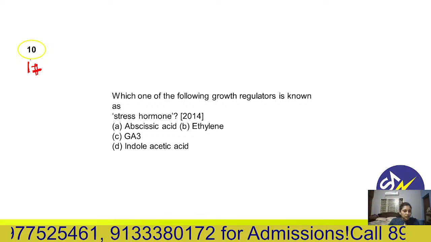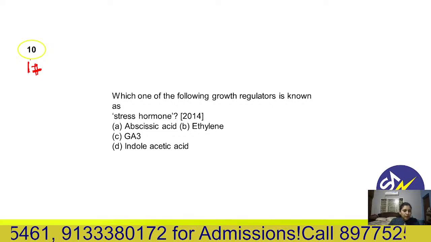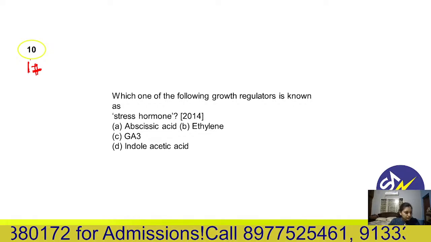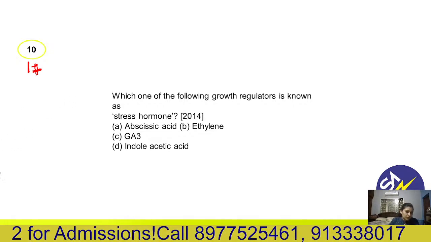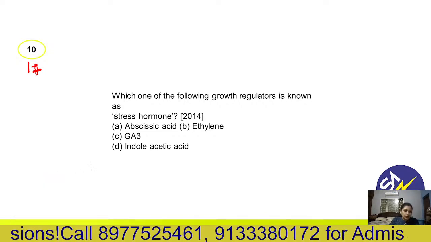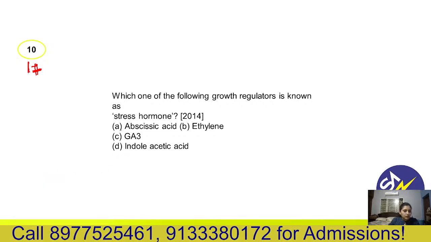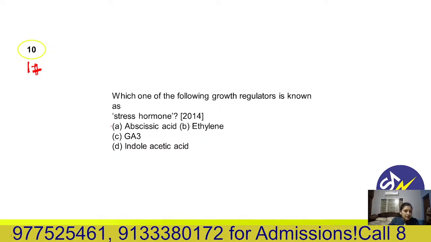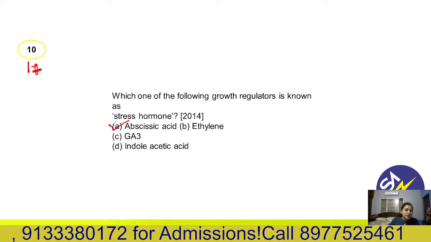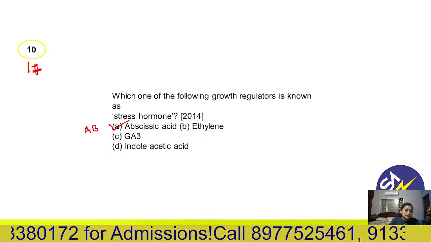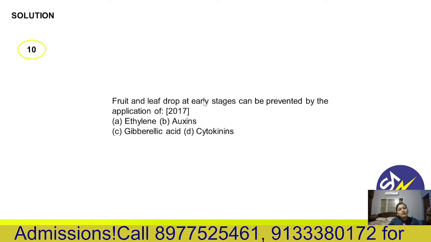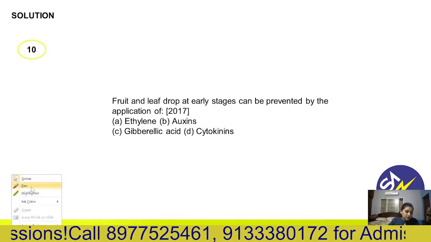ABA, ethylene, gibberellic acid, or indole acetic acid, IAA. The correct answer is ABA. Abscisic acid is also known as the stress hormone.